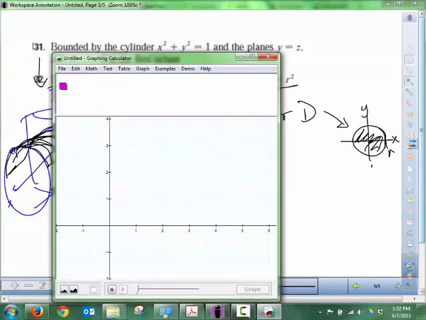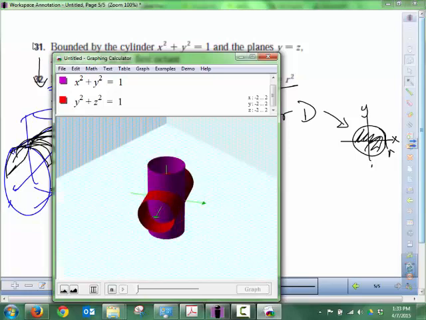So, x squared plus y squared equals 1, let's let r equal 1. And then we'll take a look at y squared plus z squared equals 1.